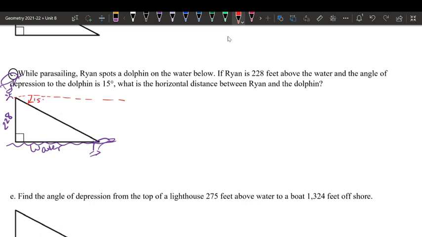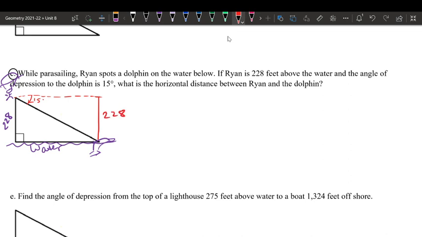But that's in the wrong triangle, right? That's not in our triangle. So the easiest way to do this would be to translate that 228 over, because it's the same vertical height above the dolphin as it is above the water, because the dolphin's in the water.